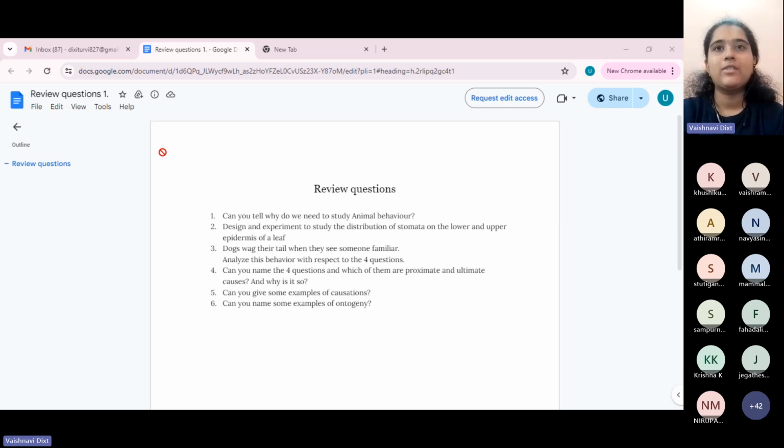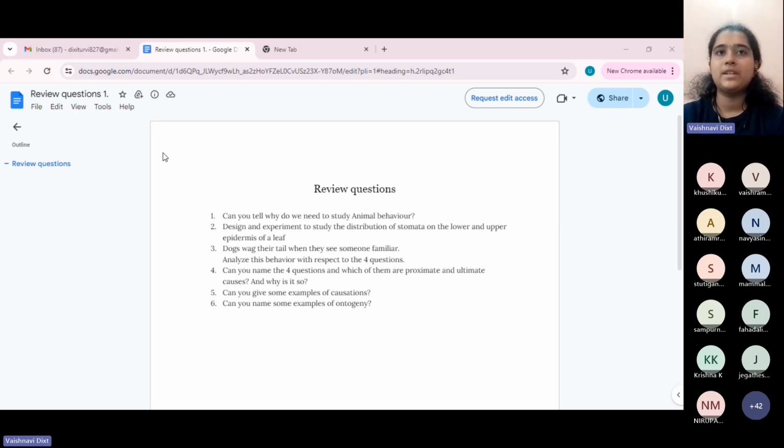Yeah, so basically what we will do is we will take the control leaf, a leaf which does not have any of the surfaces covered. Covered in the sense that you can apply something because of which the stomata get closed. So there will be one leaf which has none of the surfaces covered, one leaf which has the upper surface covered, one leaf which has the lower surface covered.